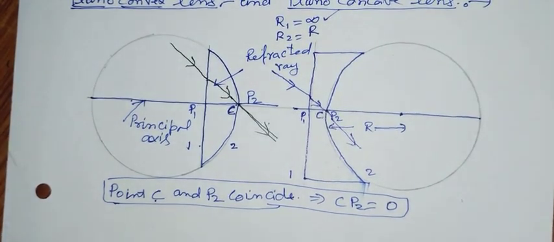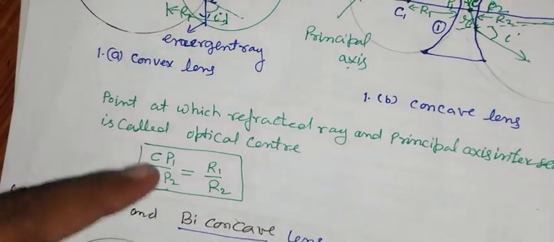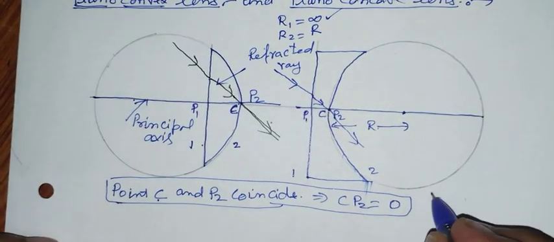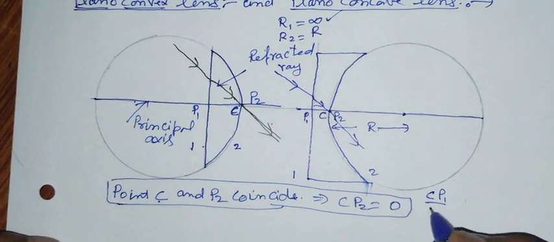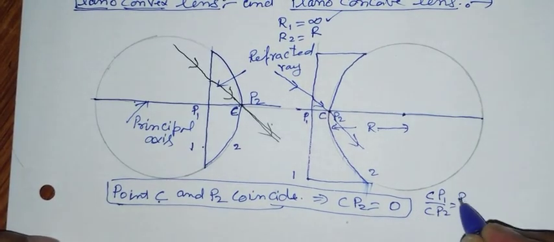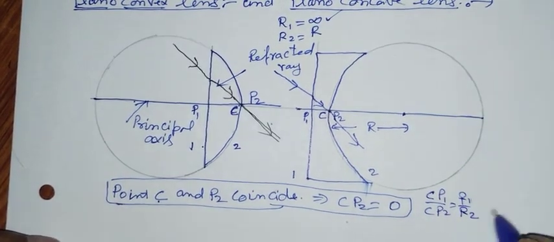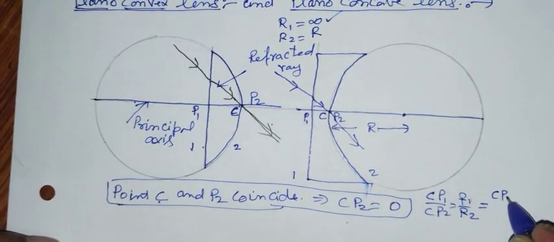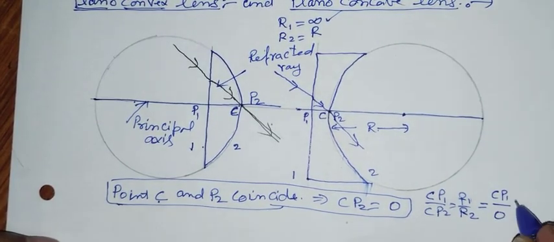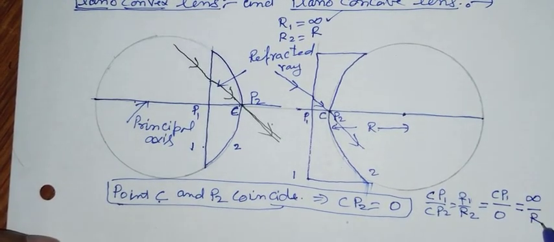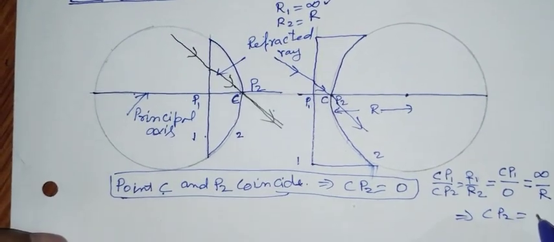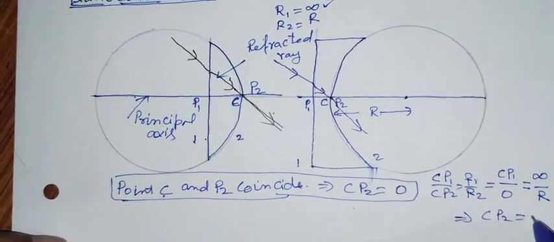Then see what the formula says. What is the formula? CP1 by CP2 is equal to R1 by R2. Here CP1 by CP2 is equal to R1, which is infinite, by R. This implies that CP2 is equal to 0.